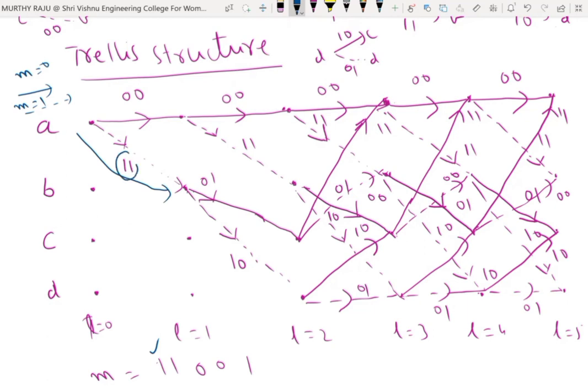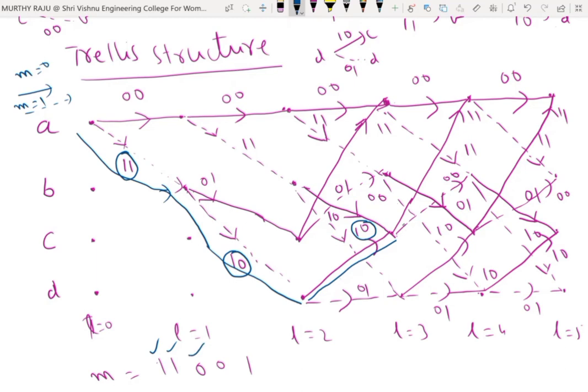The output is 1, 1. The next bit is also 1, that means dashed line, with output 1, 0.